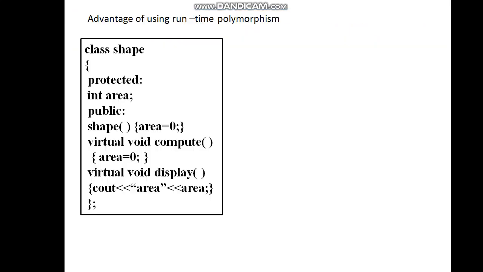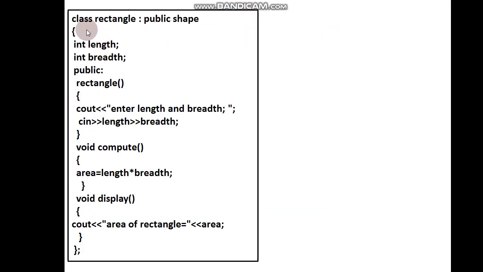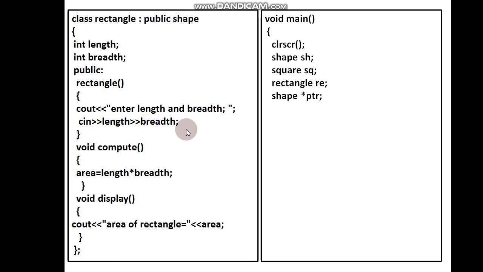When we create an object of rectangle, constructor from the base class will be called which initializes area to 0 for rectangle. And then constructor of the derived class will be called which reads length and breadth. Then we have a pointer of the base class type.